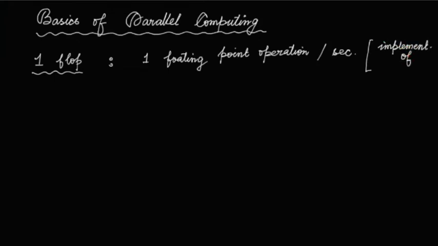If it is float 32 or float 64 or float 128, you know that float 32 has a 23 bit mantissa, and 64 has a larger number of bits. Which one you are using will decide how much time your computer will take to do one floating point operation.